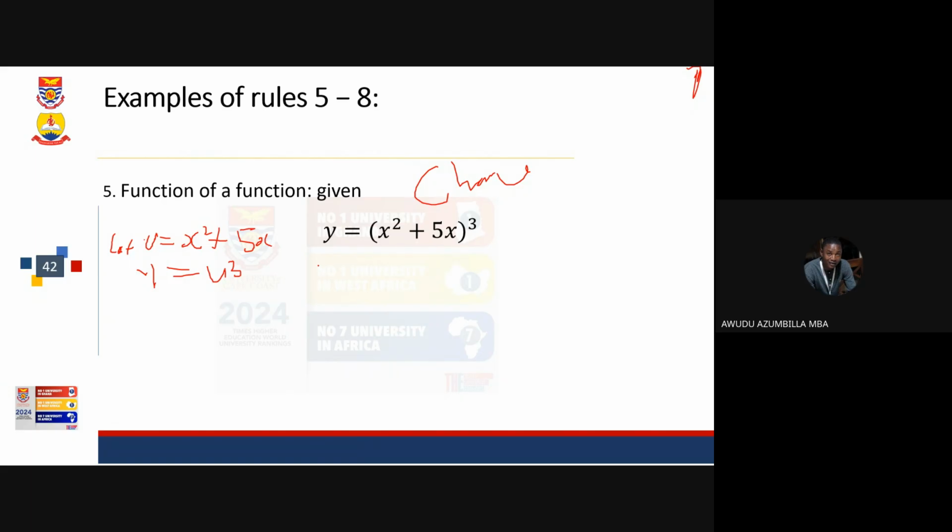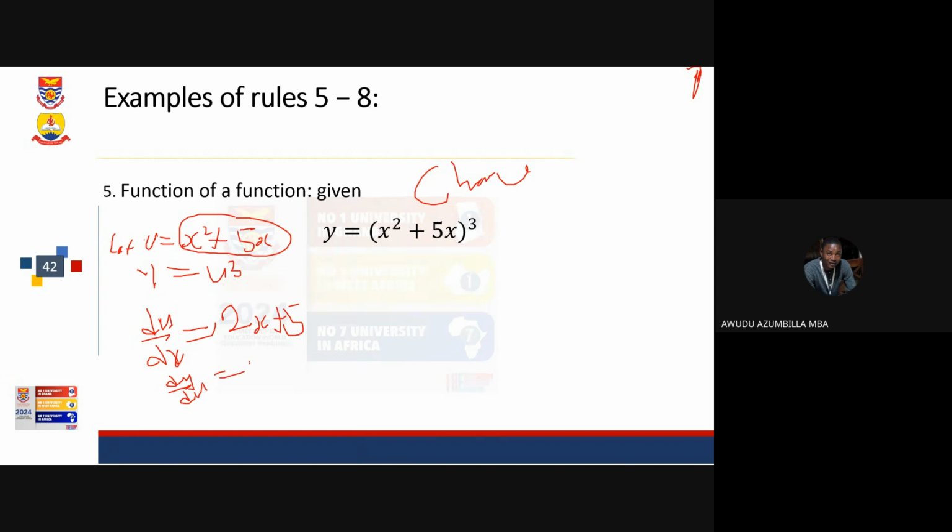So we cannot use any other thing. We have to use the chain rule. First, you differentiate du over dx. What will you get? You are going to get 2x plus 5. Then you also differentiate dy over du.